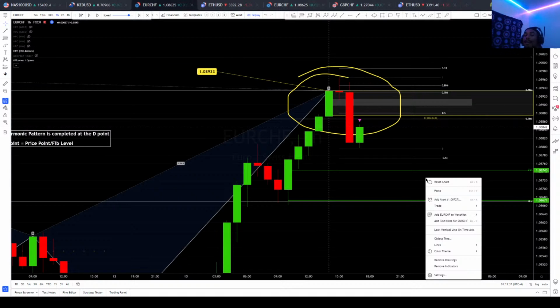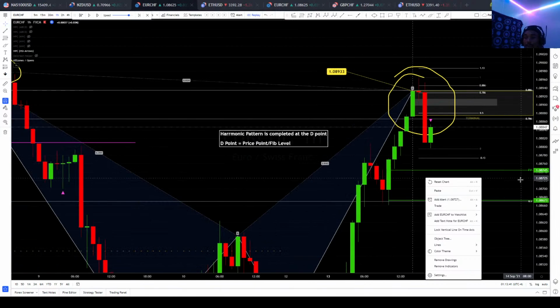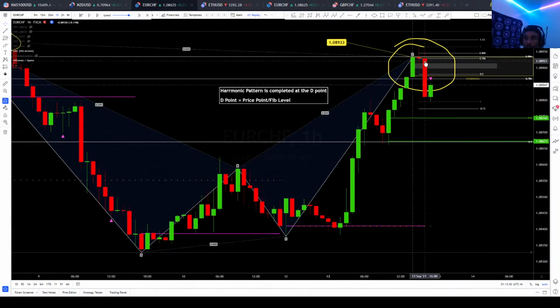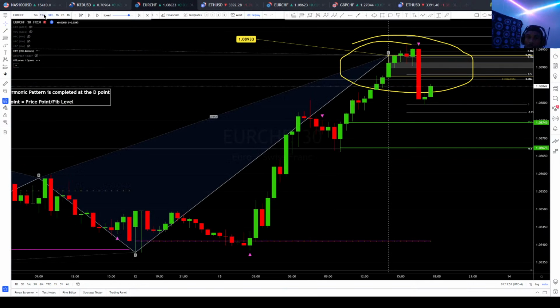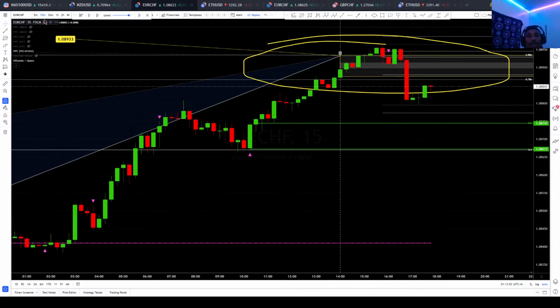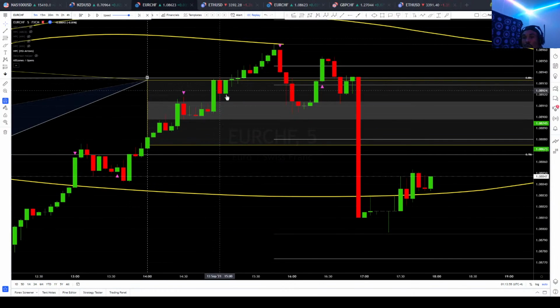What I mean by that is, right now this is a harmonic pattern that completed on the hourly time frame. This bar closed specifically on this level on the hourly time frame. But if I go down, let's say 2 time frames down, meaning the 30-minute 1, 15-minute 2, well, let's go down 3 just to show you trends inside of a trend. All right, I can say that this could be an indication right here.